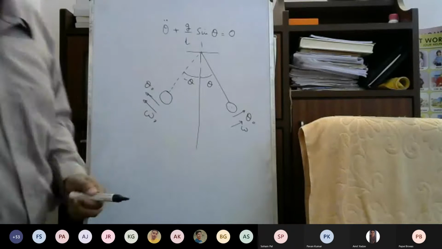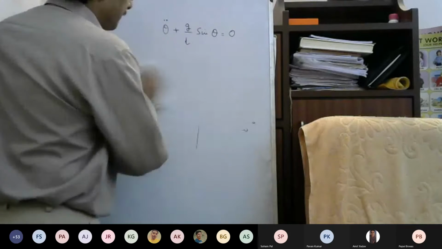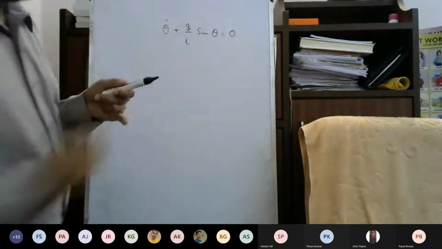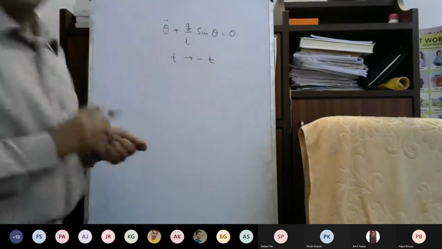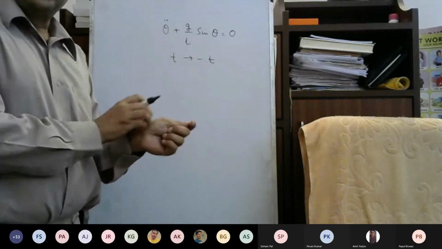There is another symmetry which we will note from this equation, that is, if you substitute t by minus t. This time I changed.